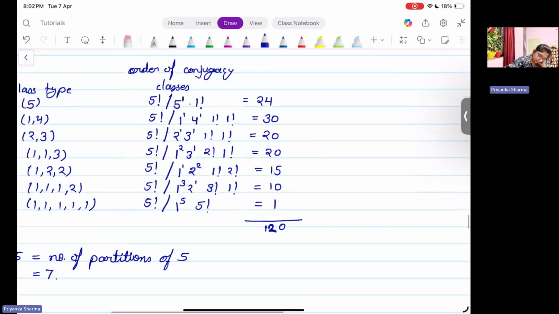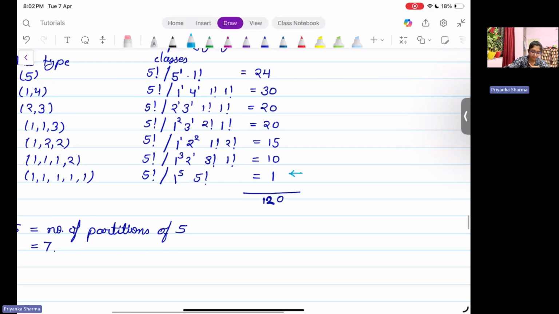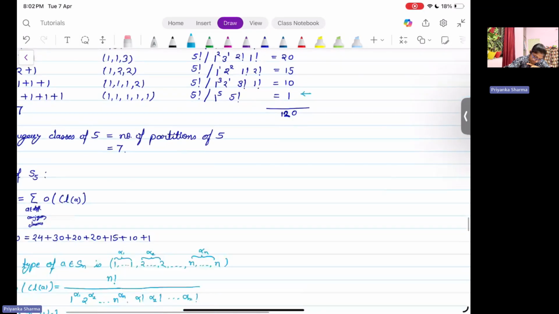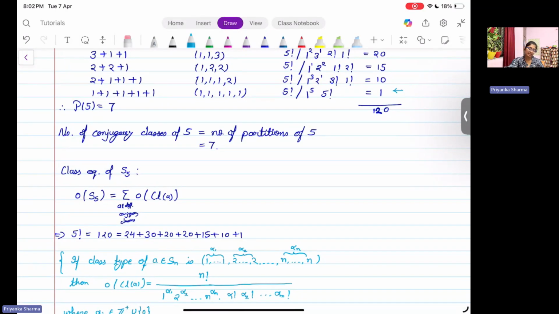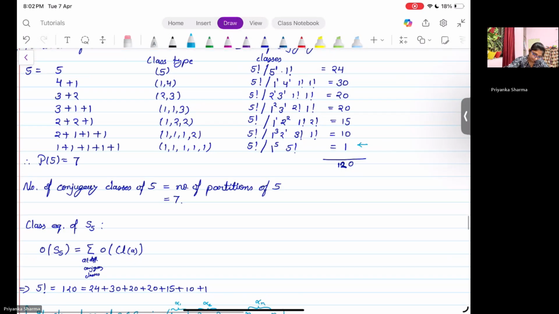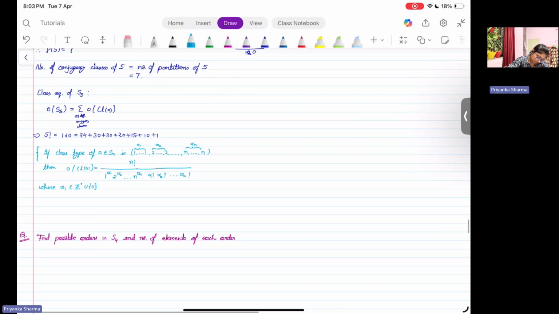See, here only this conjugacy class has only one element. That is, S5 has trivial center. So this is done.